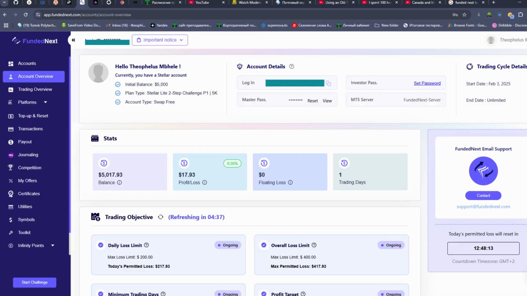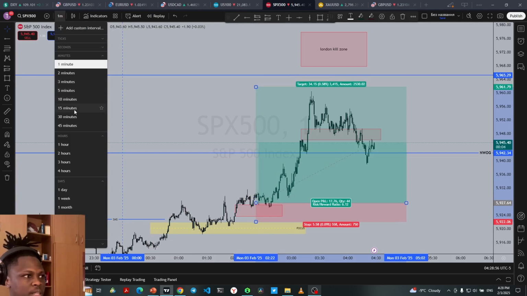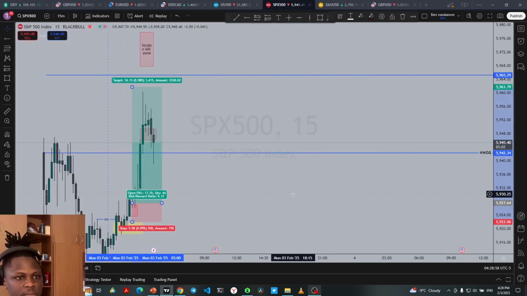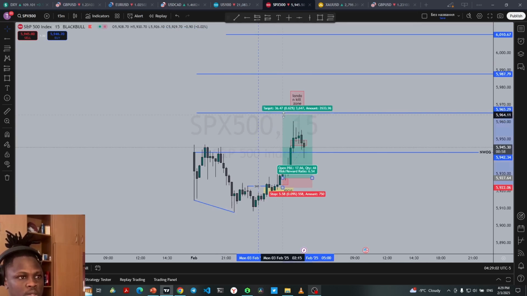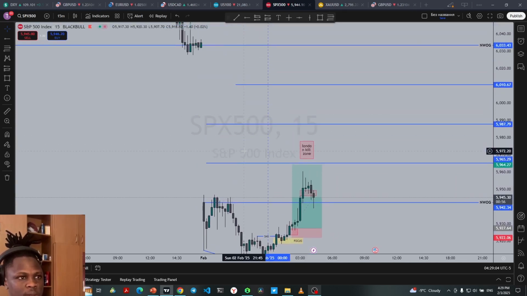My target was this. Let me open the 15-minute time frame. Yes, so this was my target. If you know ICT, this was the new week opening gap.